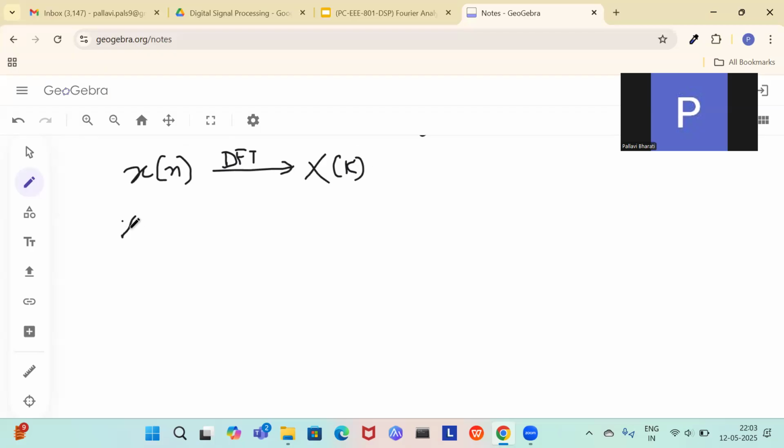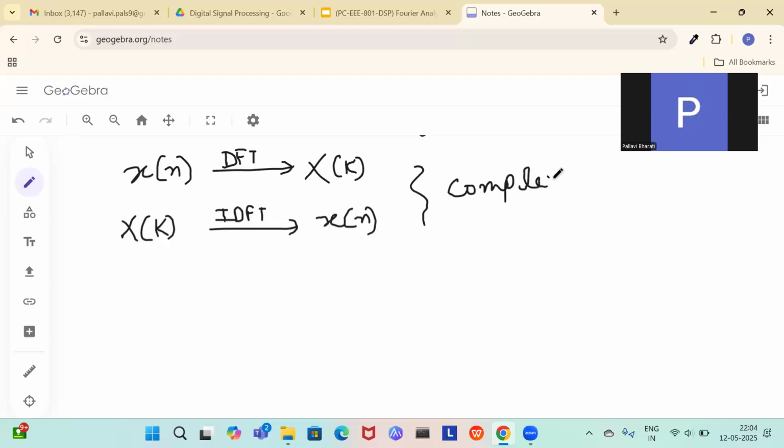And if you take X of k and do the IDFT of this, what you get is x of n. Now, a very important thing that you have to understand is that these are all complex, so we are going to have a real part and an imaginary part.